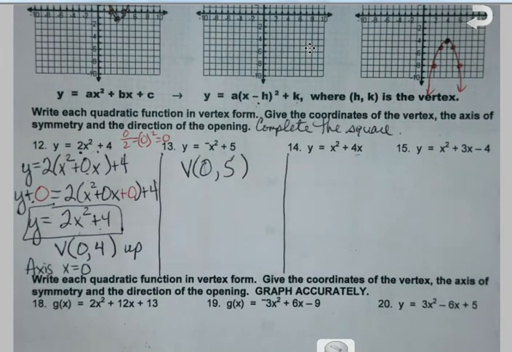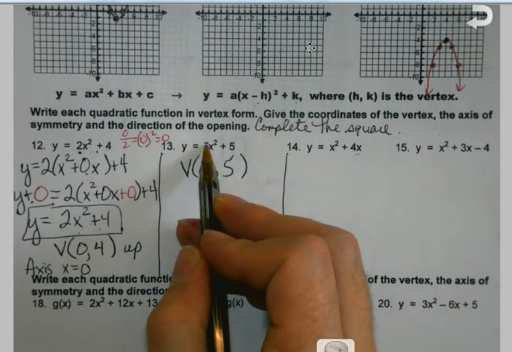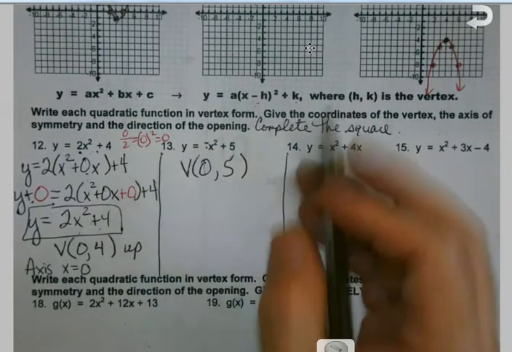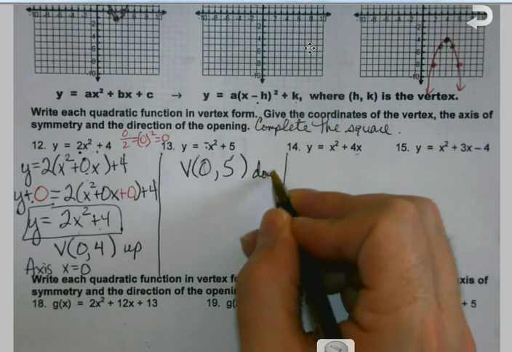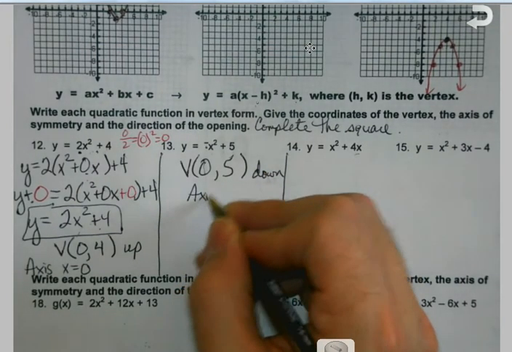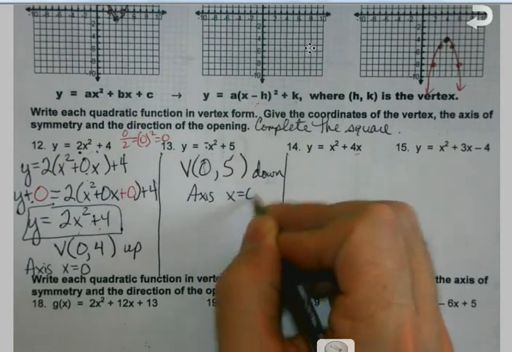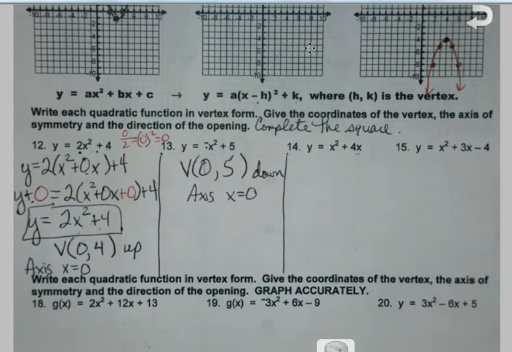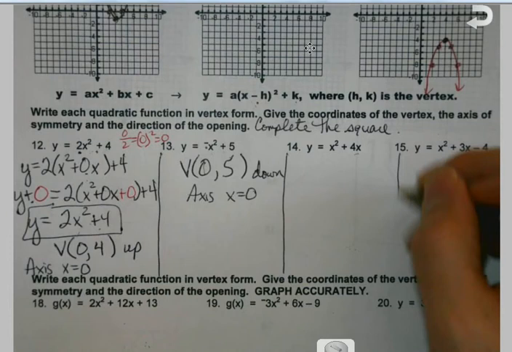So 0, 5. I notice my a value is negative. So this guy would be opening down if we were to graph it. And my axis of symmetry still is going to be at my x value. It's still going to be at 0. And that's it. She's like, shoot, give me no x's every time. Don't even have to do anything. Well, that's about to change.